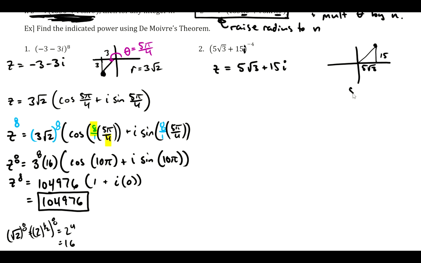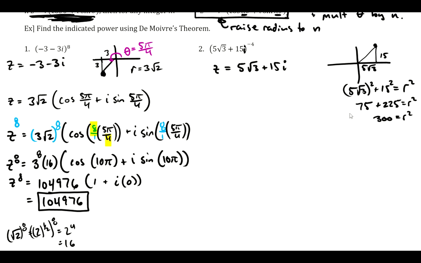So we've got 5 radical 3 squared plus 15 squared would be r squared. 5 squared and radical 3 squared would be 25 times 3, so that's 75. Plus 15 squared is 225. That becomes 300.